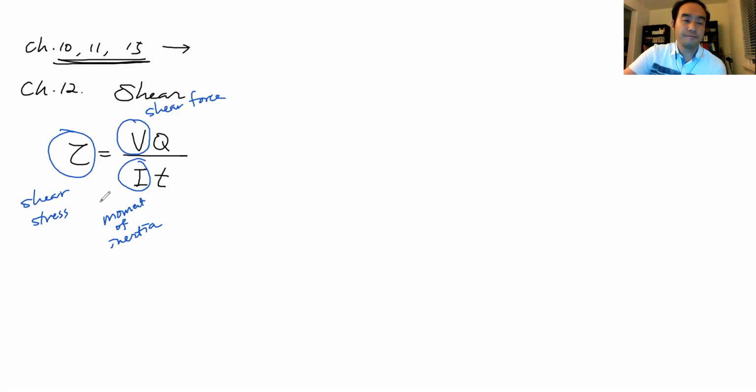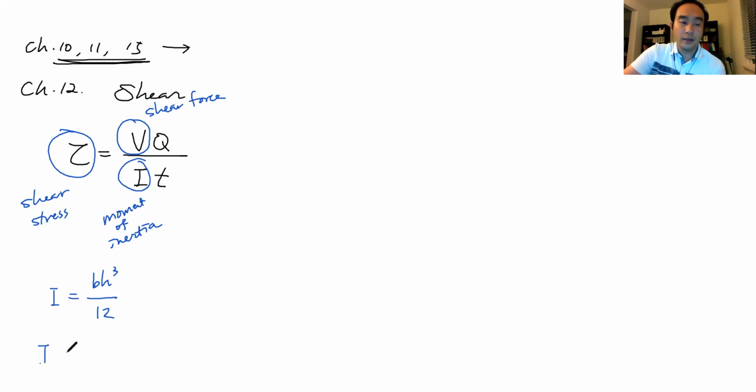Moment of inertia for a rectangular section is BH cubed over 12, if we take the moment of inertia about its centroidal axis. Then this is the only equation.